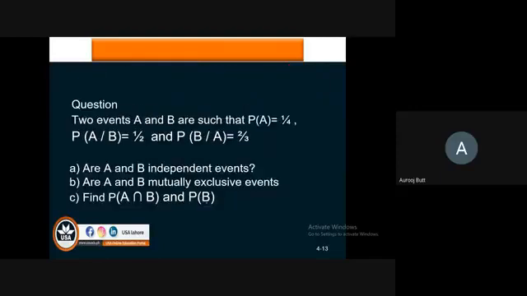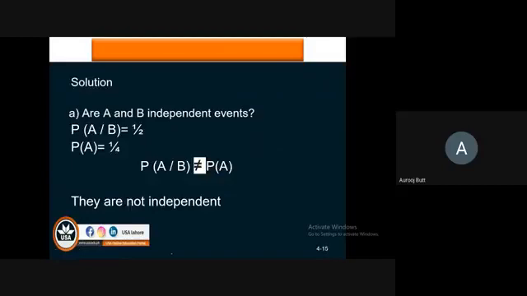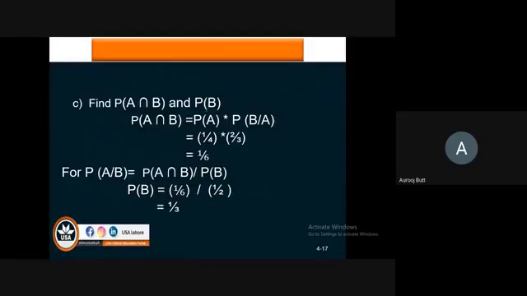Then comes find probability A intersection B and probability of an event B. Probability A intersection B means what?